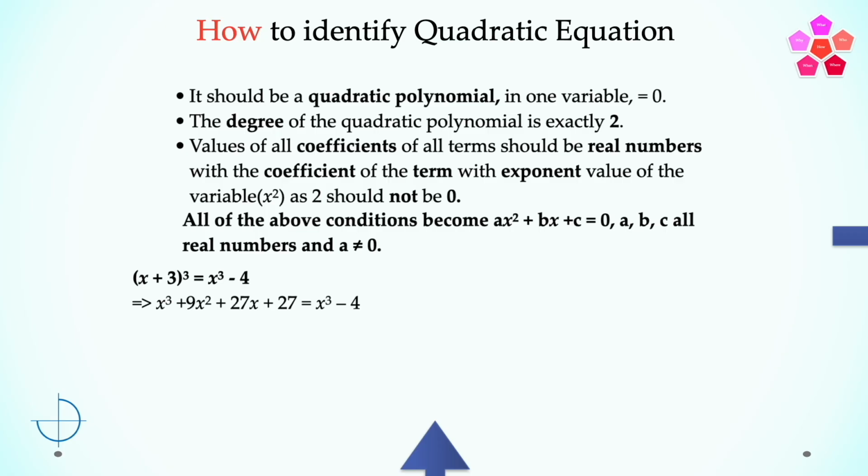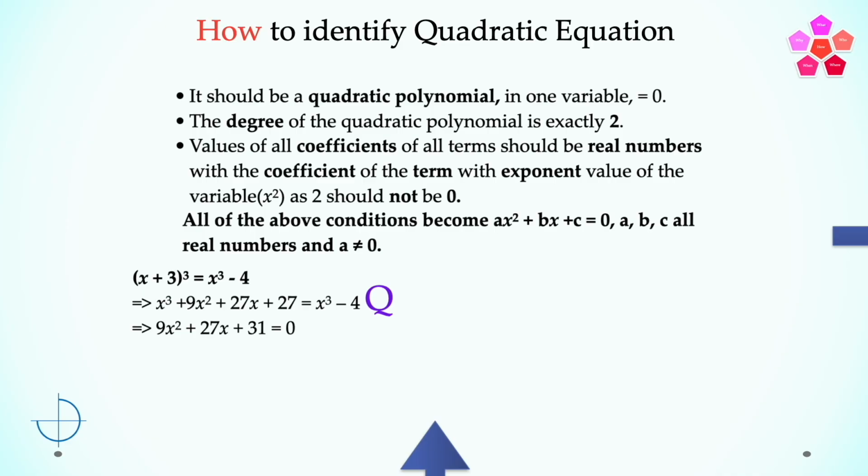Cancelling x cube from both sides, we have 9x squared plus 27x plus 31 is equal to 0. As the highest degree is 2 and the coefficient is 9, this is a quadratic equation and we can see it satisfies all the conditions.